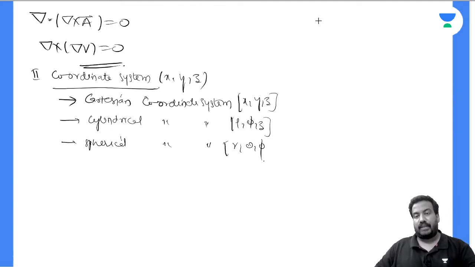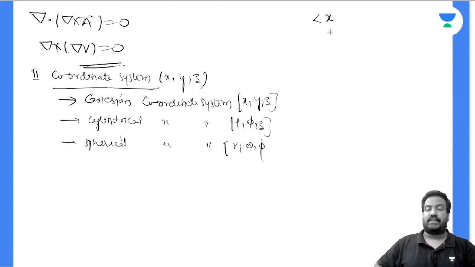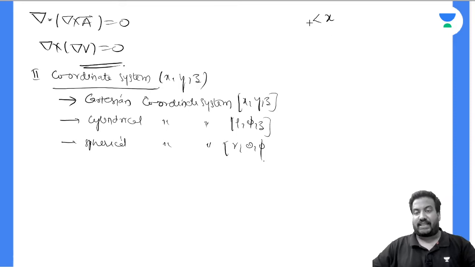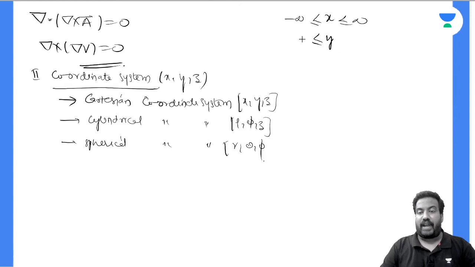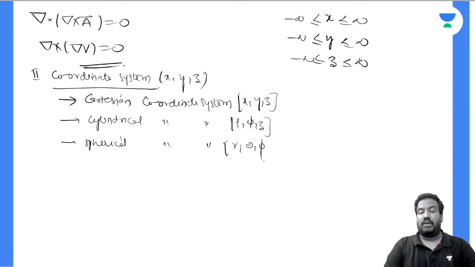Coming to these coordinates, x is the distance on x-axis, parallel to x-axis, or shortest distance from yz plane, limit minus infinity to plus infinity. The limit for y is same as x, minus infinity to plus infinity. Limit of z, minus infinity to plus infinity.